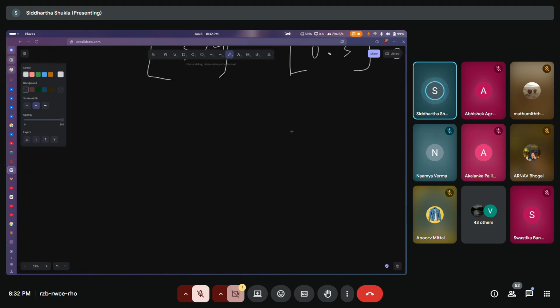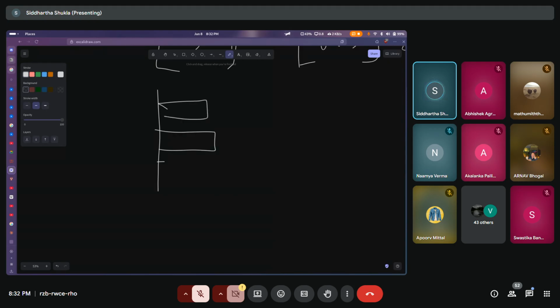Now you guys must be wondering that every time you feed something into the neural network, into an LLM, it gives you a different response each time, even for the same prompt.